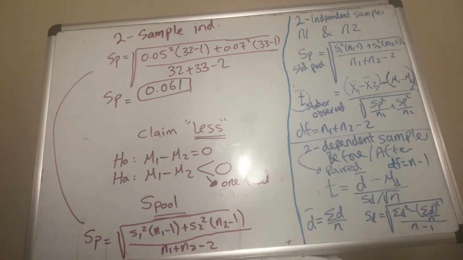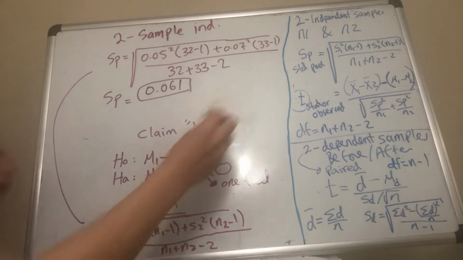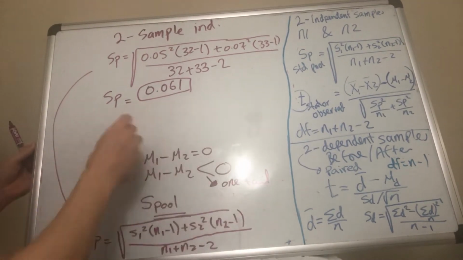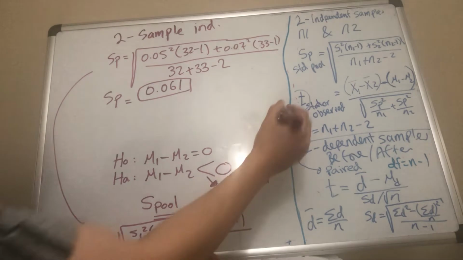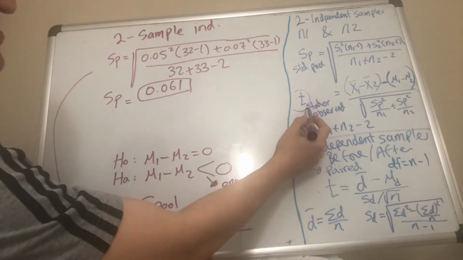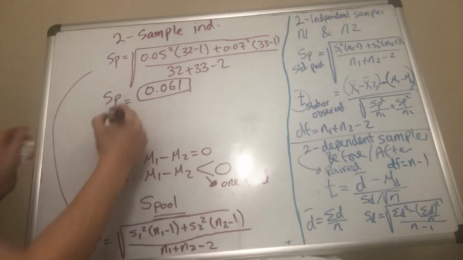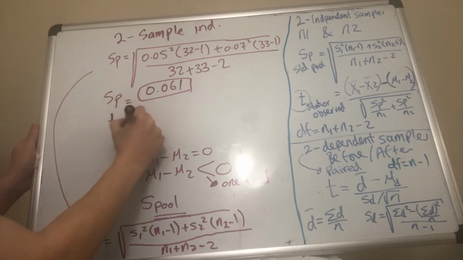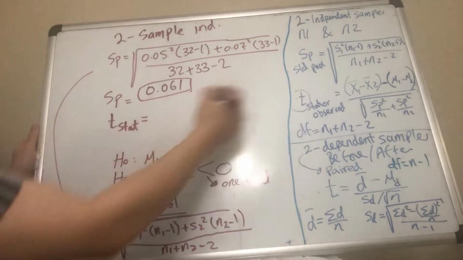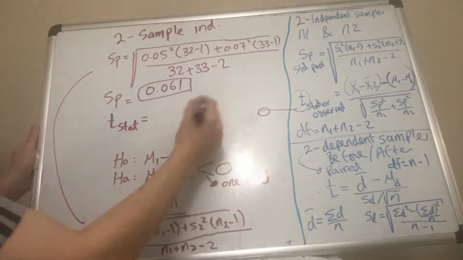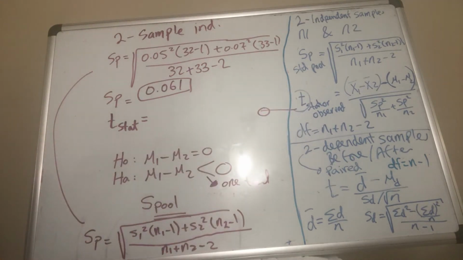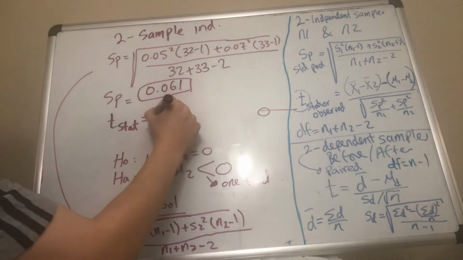After finding the standard deviation, they want the observed test statistic. T observed or t-statistic. This is the formula for the t-statistic, t-stat or observed. So you need the average of group 1. That's the average for the manufacturer, that's 4.5.